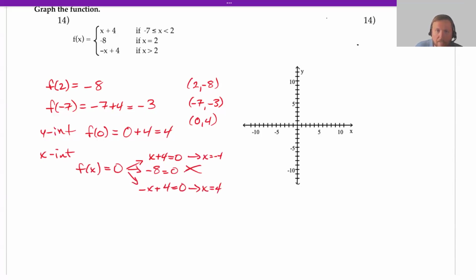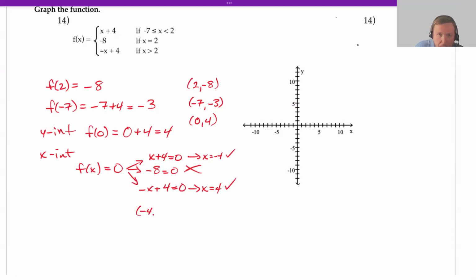And then for the last one, we get x equals -4. I'm sorry, +4. Now, this first one came from the first piece, so we got -4. Is -4 between -7 and 2? Yes, it is. So this one's okay. Is +4, so that's in the last piece. So is it greater than 2? Yeah, it is. So both of these are acceptable.